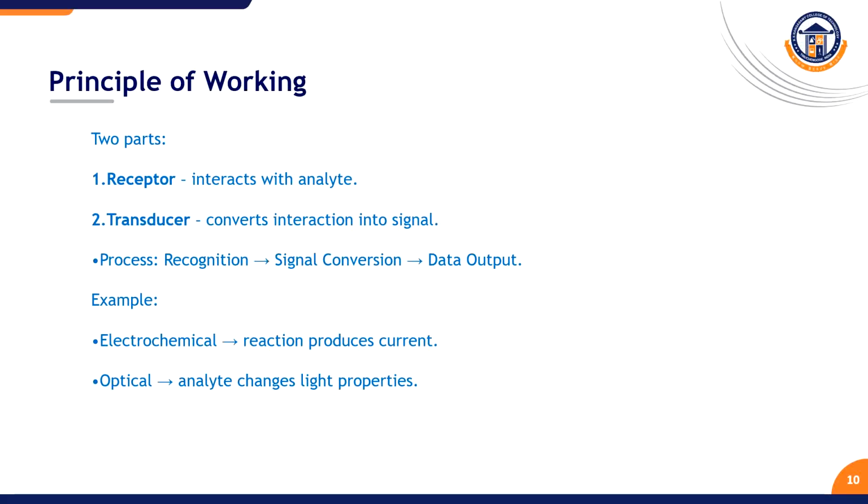For example, in a potentiometric sensor, if there is any change in the EMF, it is sensed by the ion selective electrode. Then we can see it digitally through a digital monitor, or with a sound or a graph. An optical sensor analyzes changes in light properties.